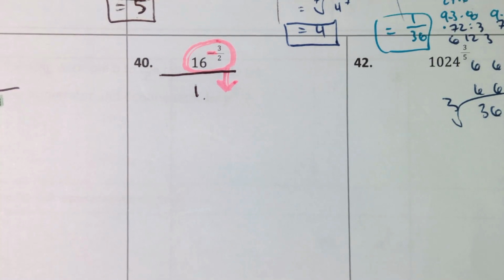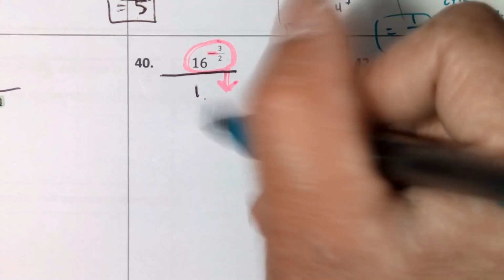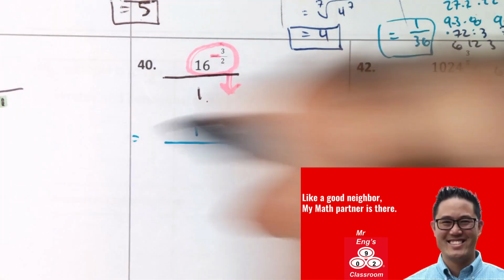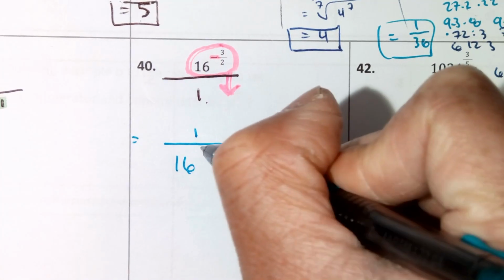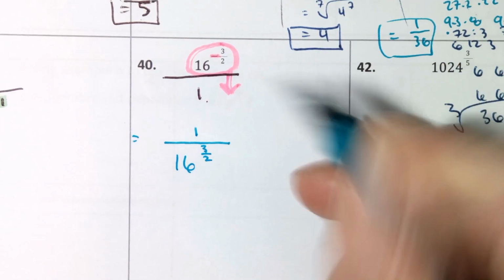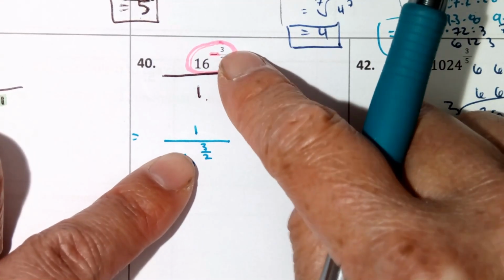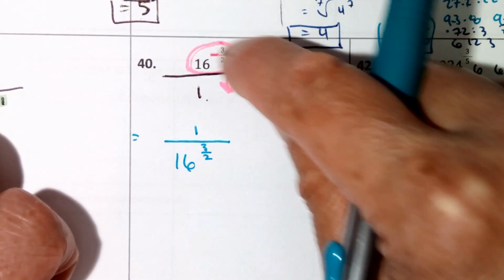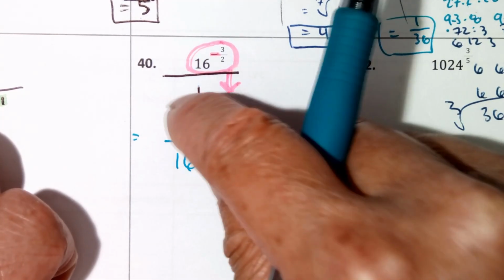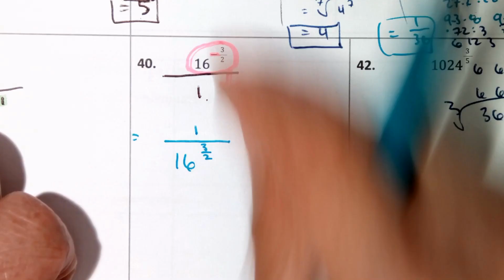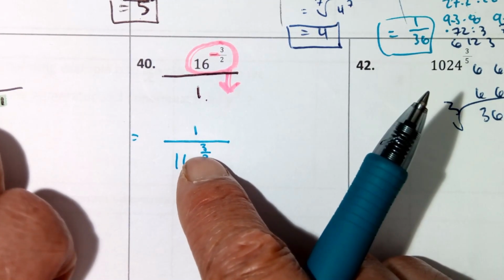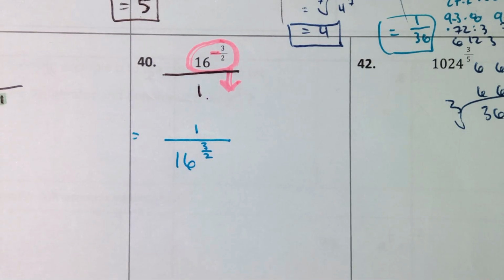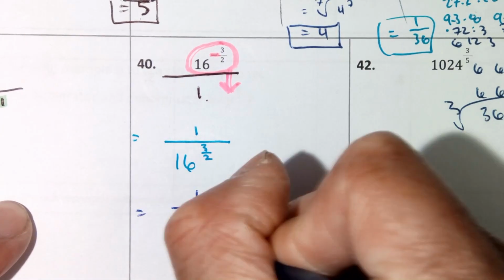That's what the negative does. So now I have 1 over 16 to 3/2. They didn't necessarily switch spots, the 1 there is to show something is still on the top. So the top goes down, because if you don't, then you might automatically think it's just 16 to 3/2, but 16 is in the denominator, but there's still something in the numerator.